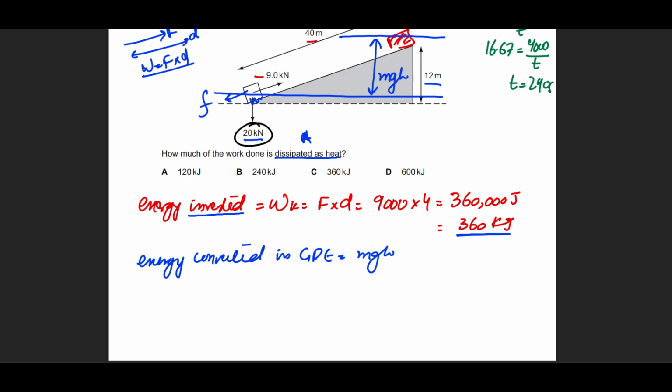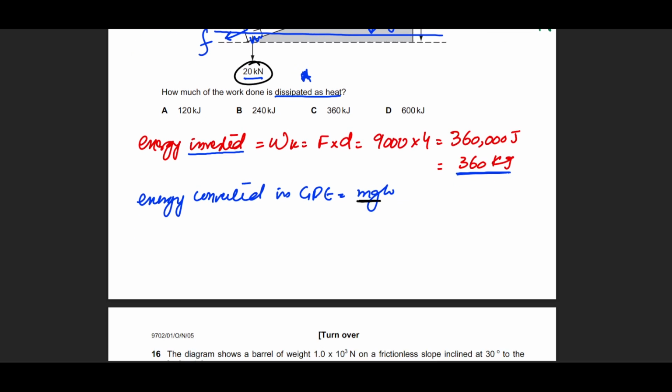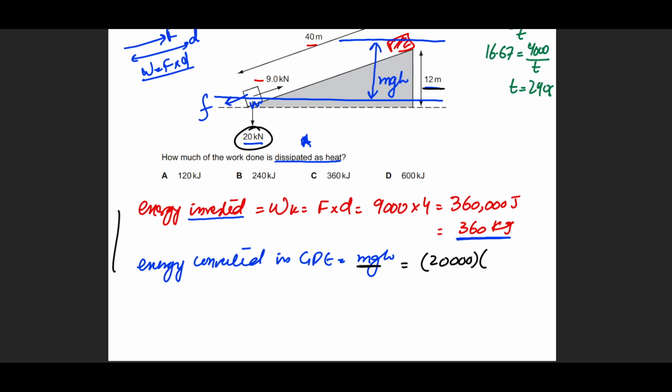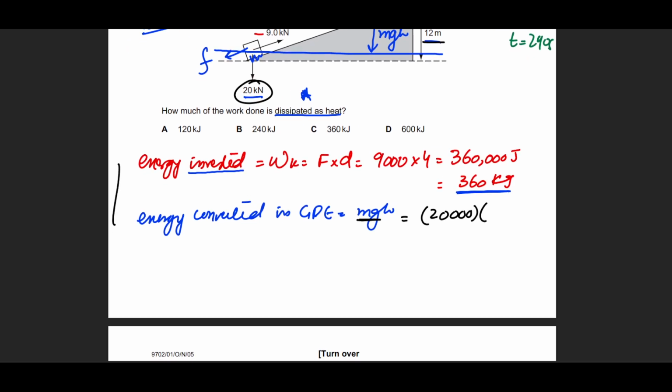This is in kilonewtons, which means that mg has already been calculated for you. So this is going to be 20,000 multiplied by the height you've gained, which is 12 meters. This comes out as 240 kilojoules.